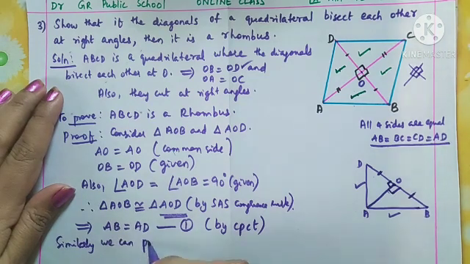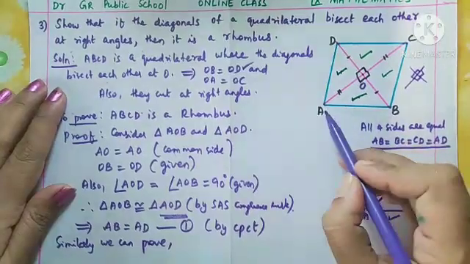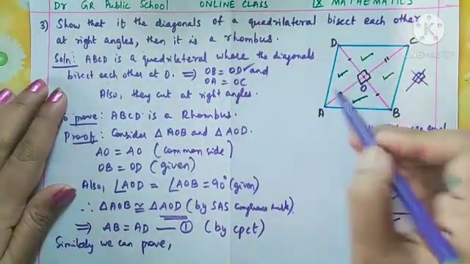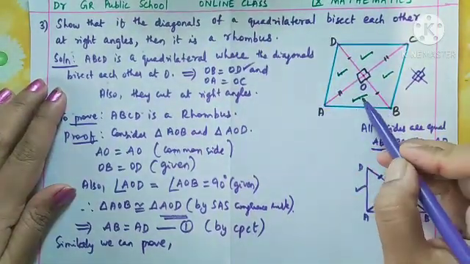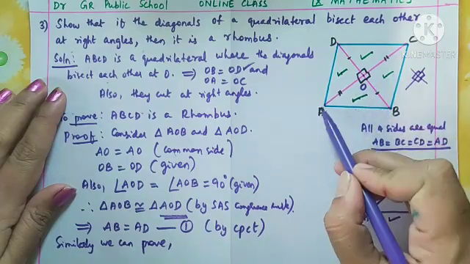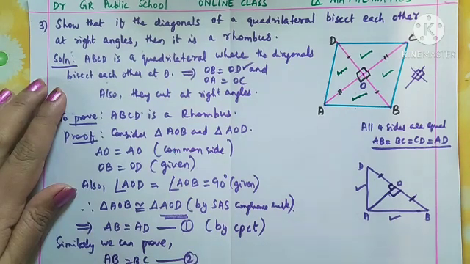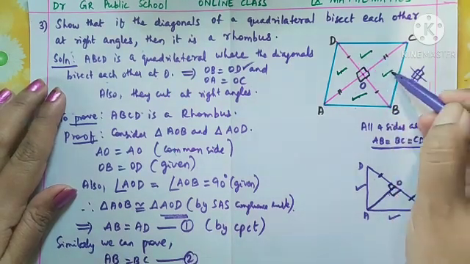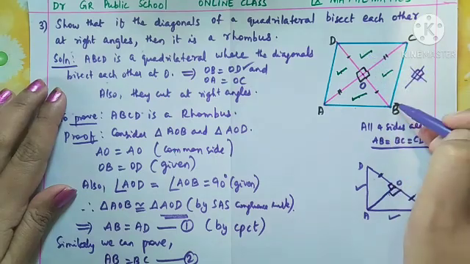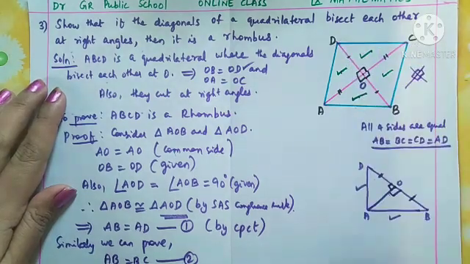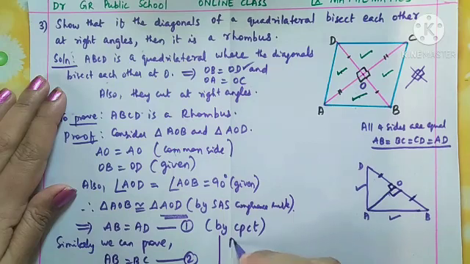we can prove. What we can prove? Now we proved AB equal to AD. So next time you can, when you take these two triangles, you can prove AB equal to BC. Correct? AB equal to BC in the second pair. And in the third pair, when you take these two triangles, you will get BC equal to CD. Yes? Also BC equal to CD in the third pair.